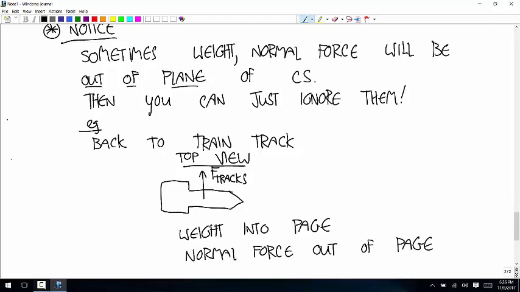Well, actually, I can make it simpler than that. Sometimes, I can tell you exactly when this sometimes is. So this sometimes is when you're doing a top-down or a bottom-up view.